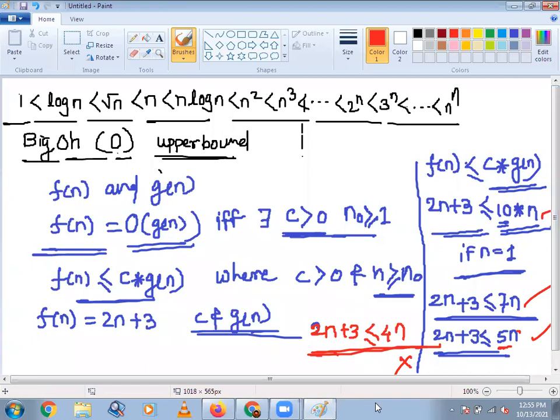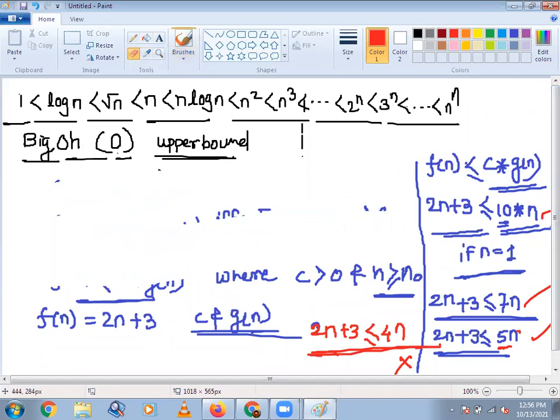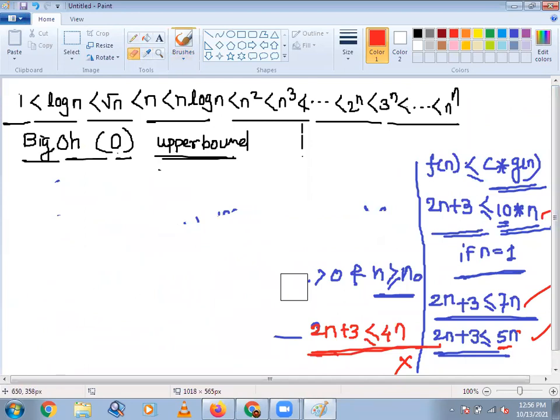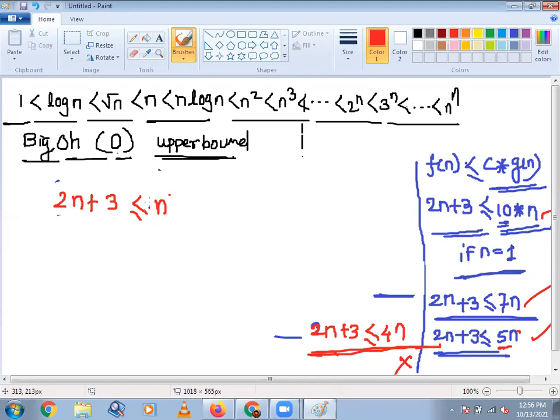What is the second? Suppose instead of 10n or 7n or 5n, someone has taken 2n plus 3 is less than n square, or 5n square. Okay, 5n square.